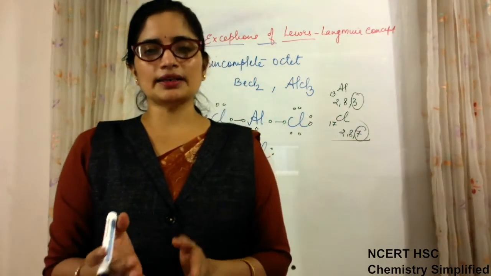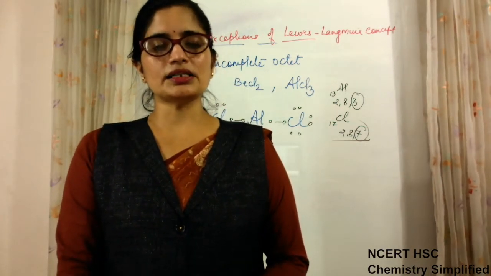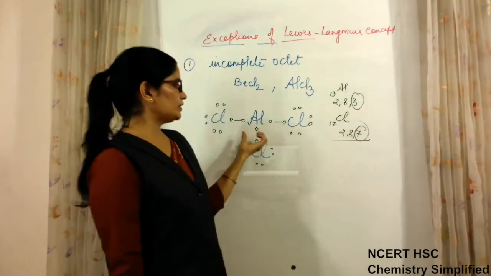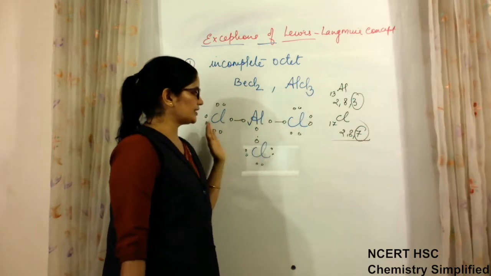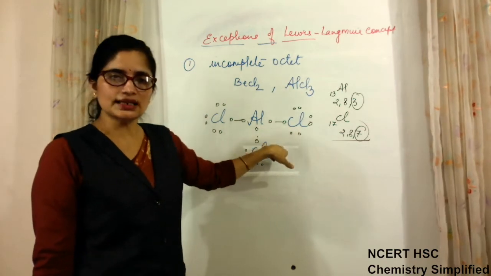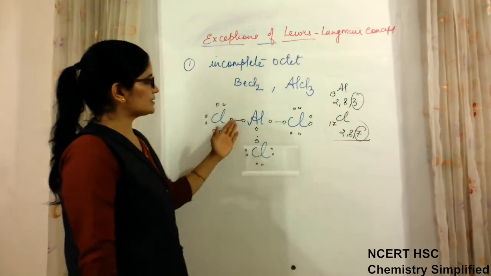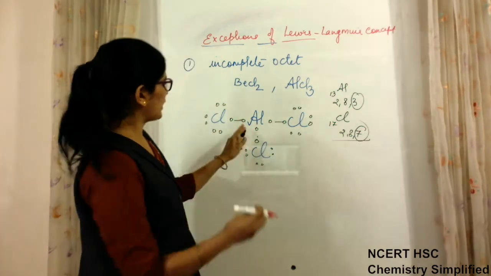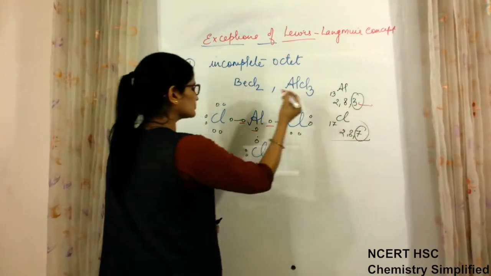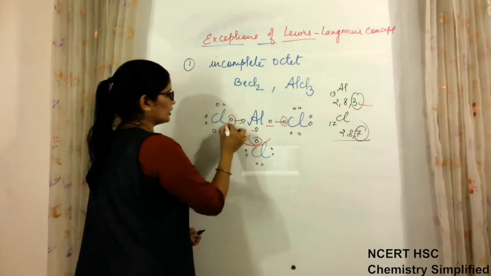What exists in nature, we have to study through techniques and understand why it exists like this. So for AlCl3, when it was studied, it was found that all the bonds aluminium was making with chlorine were single bonds, not any double bond, nor a triple bond. So in this structure, you can see that aluminium has its own 3 valence electrons, and it shares 3 more, one with each chlorine.